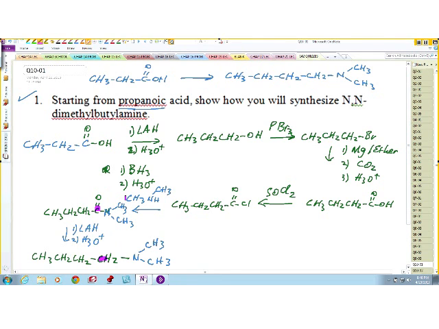Okay, so that is one method we could use. Now let us use Lorenzo, let us use your method. Say we could use DCC to make the amide.